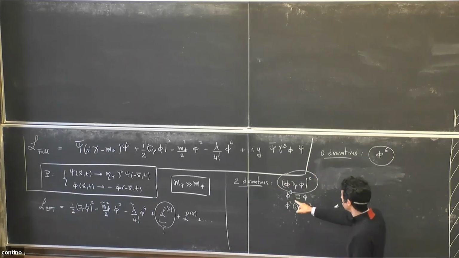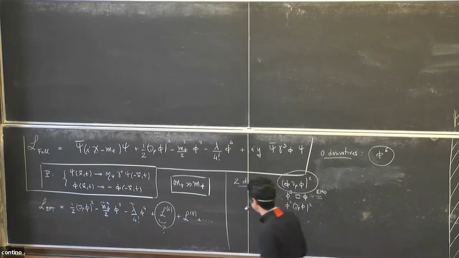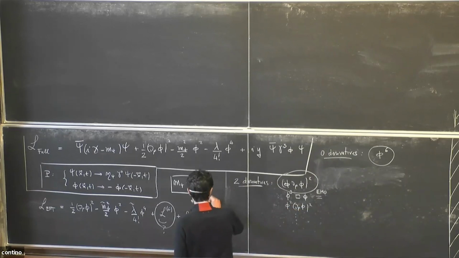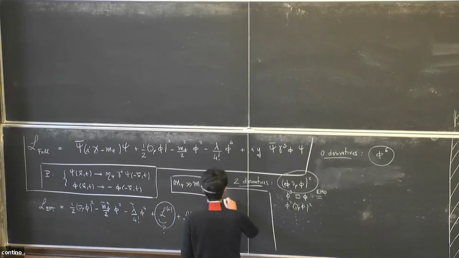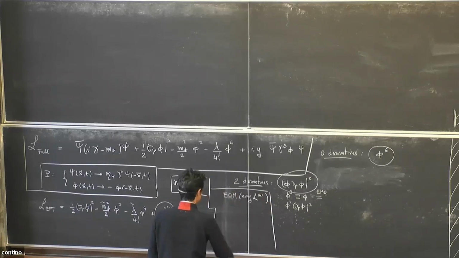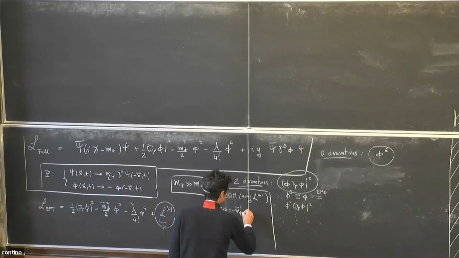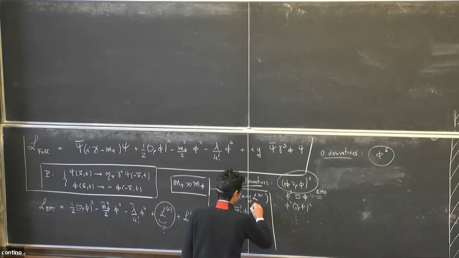For example, phi cubed box phi can be rewritten by using the equations of motion, which I can write here, just to remind you. So the equations of motion using L4 are box phi equal to minus m tilde squared phi minus lambda tilde over 3 factorial phi cubed.